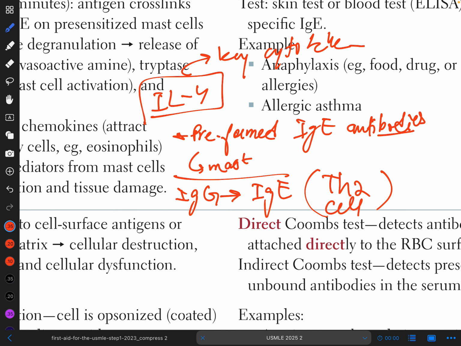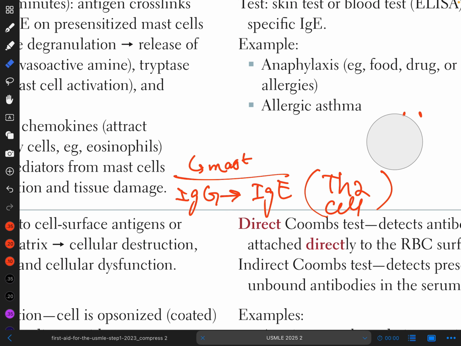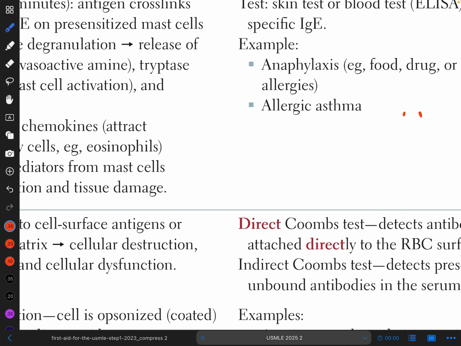In type 1, the symptoms include skin urticaria and hives. It could be respiratory symptoms like rhinitis, inflammation, wheezing or asthma.